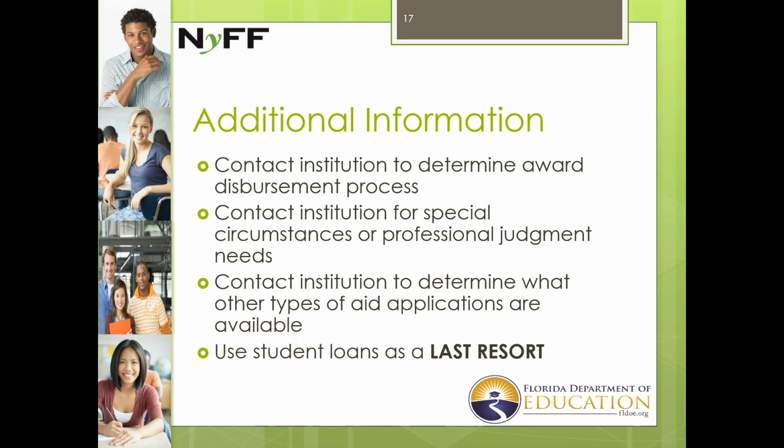Again, just because you've completed the FAFSA doesn't mean that you've completed the state process. And we're going to be going into the state process shortly here. But I would suggest going into the institutional website and taking a look at what institutional scholarships they may offer.